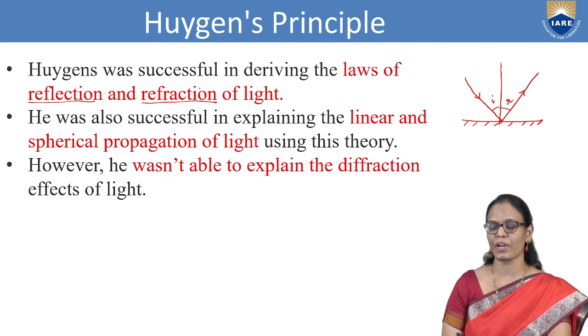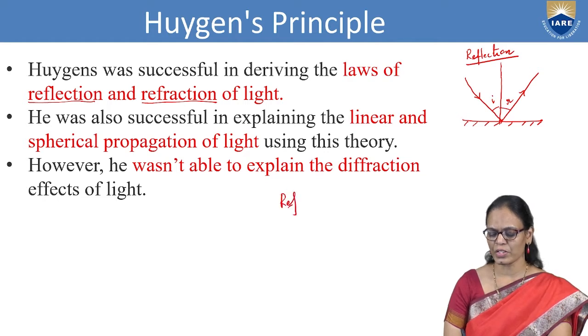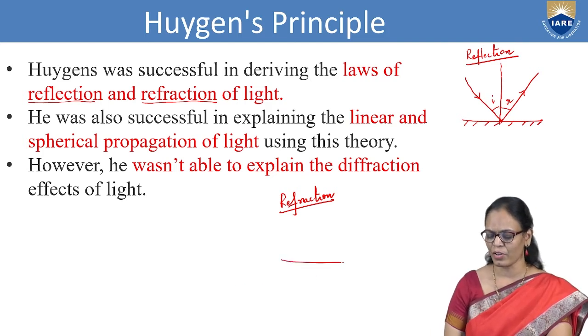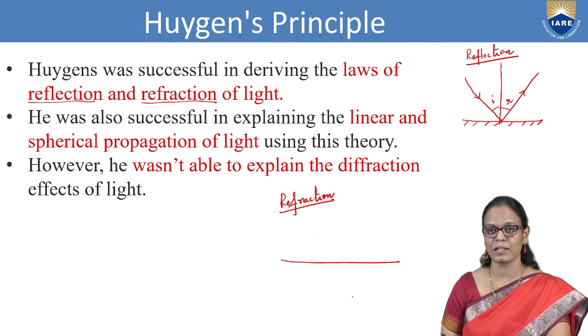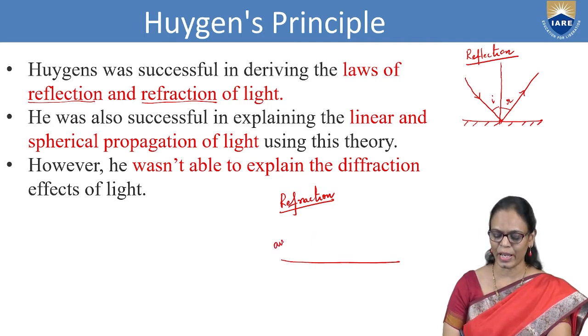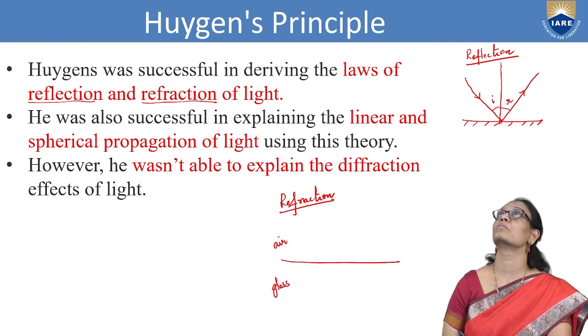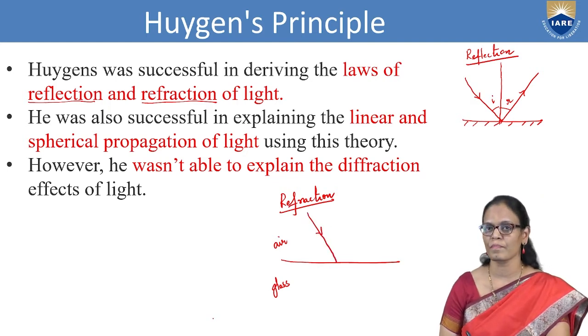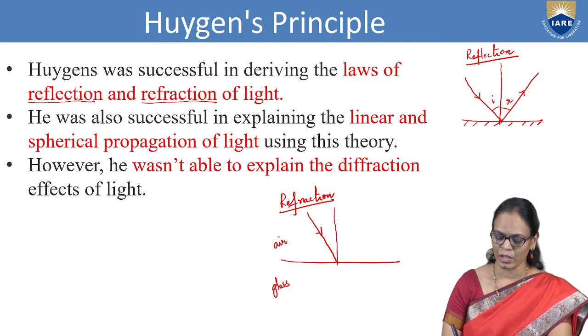That is about reflection. Then coming to refraction, it is all about the bending of the light ray at the surface of separation of two different media. If we have a medium through which light can transmit, say air on one side and glass on the other, a ray of light is incident on the surface, and this is the normal.